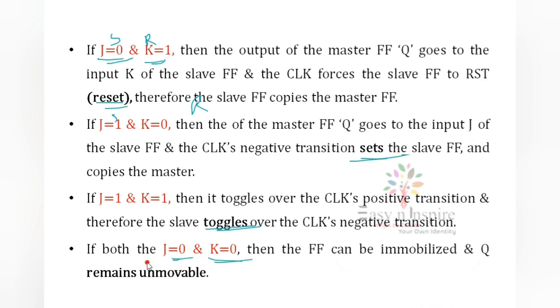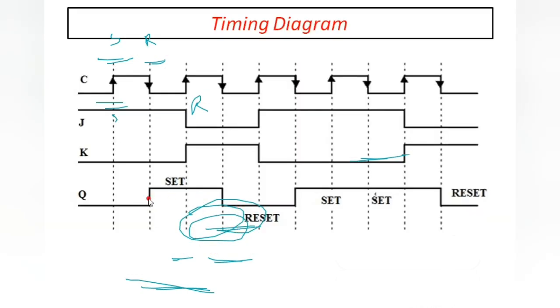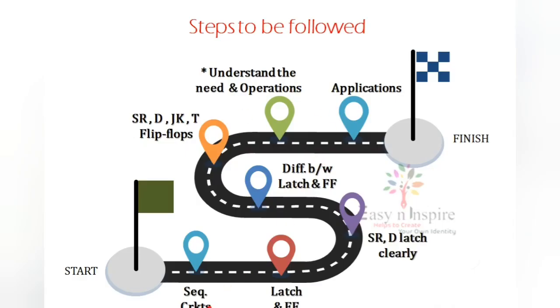J0, K0 means that is nothing but no change condition. Same as JK. Here toggle condition is occurred like this. So see, this is toggle condition. But this toggle condition is accepted here because the entire clock pulse is having only a single toggle. Okay, this is about master slave JK flip-flop.